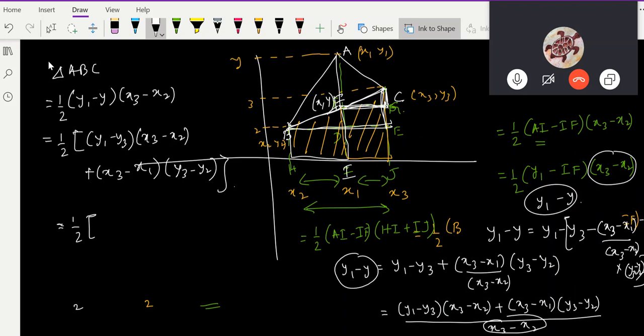So this can be written as y1 x3 minus y1 x2 plus y3 x3, sorry, minus y3 x3 plus y3 x2 plus x3 y3 minus x1 y3 plus, sorry, minus x3 y2 plus x1 y2.